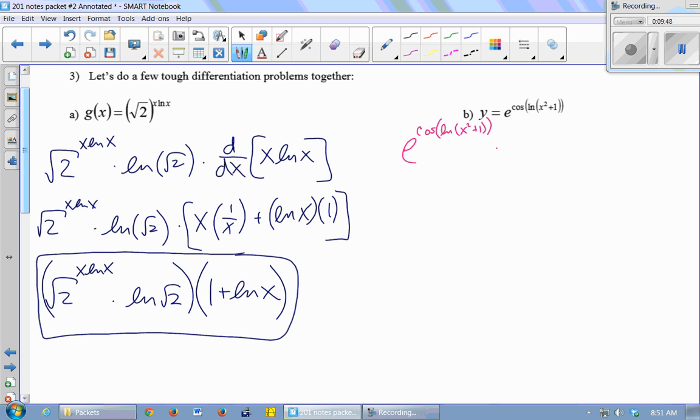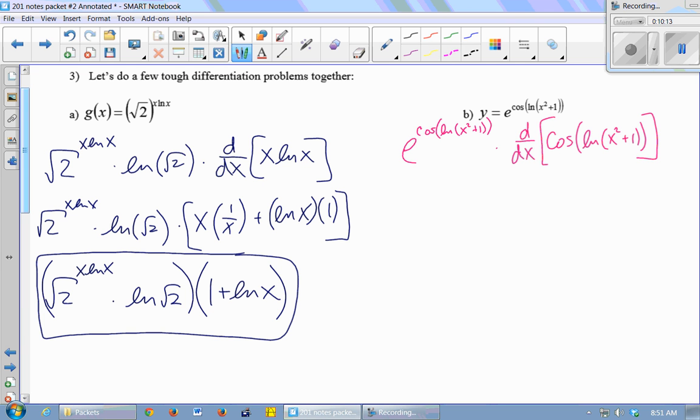So e to some stuff, its derivative is e to that stuff times the derivative of all that stuff, the cosine of the ln of x squared plus 1. So I didn't even try to take that derivative in my head because it's too complicated. So I just wrote down times the derivative of all that stuff.